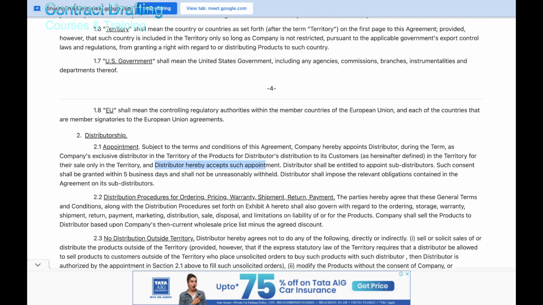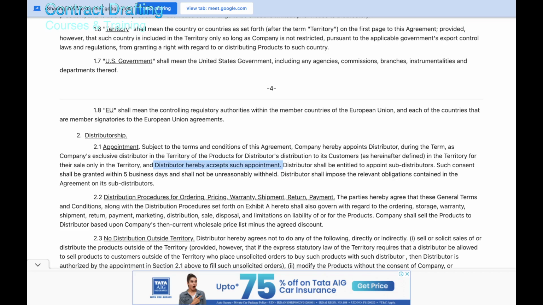So once the statement is given that what this distribution is all about, then it is closed with the statement that distributor accepts this appointment. So they are accepting it and creating an obligation on themselves that the appointment of distributor is on these conditions.